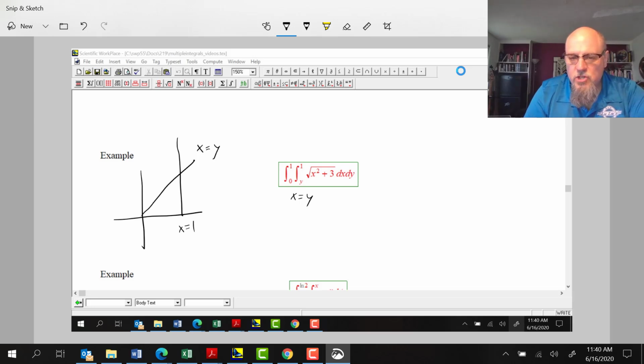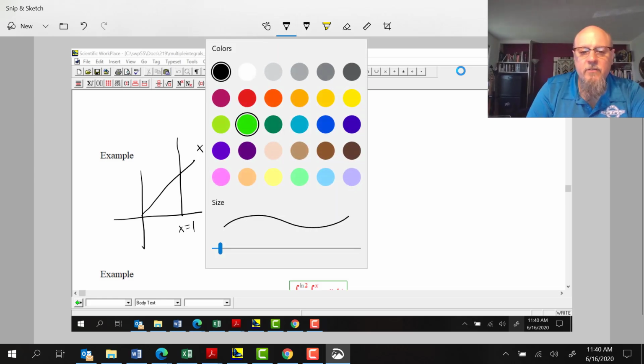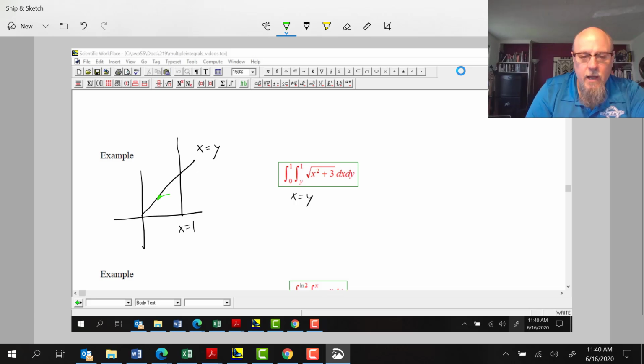So all the way through this shape, for x's, we're always starting on this line and ending on this line, curve to curve. And then for the y's, lowest y in the shape is 0, highest y in that shape is 1. So the region R we're talking about here is that triangle.